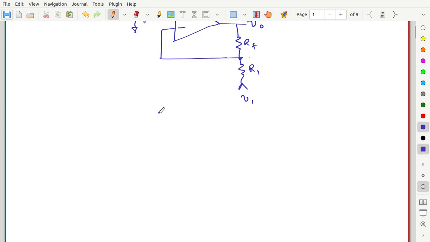In order to solve this differential amplifier, we are going to use what's called the superposition principle.